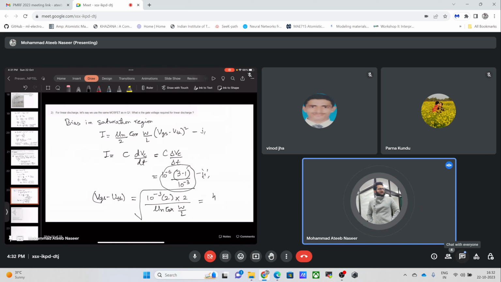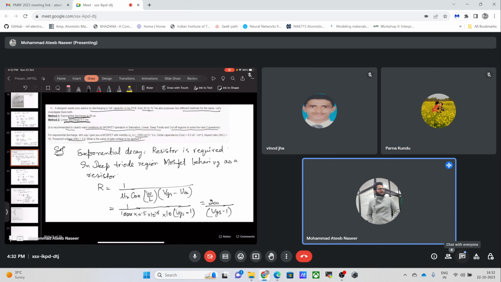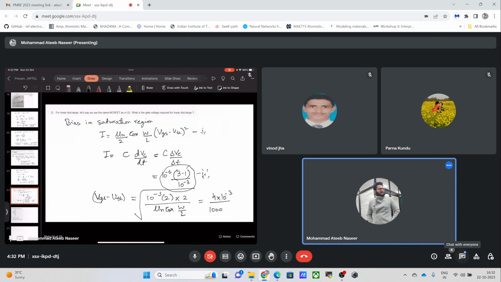So it will be 4 into 10 to the power of minus 3. Mu was 1000, C ox is 0.5 into 10 to the power of minus 6, and W by L is 10.